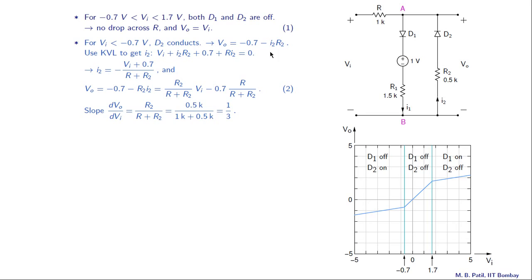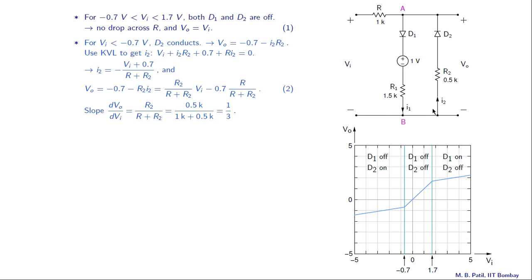Let us now find this current I2, and we will do that by writing the KVL equation for this loop here. Let us start at this point. We go down first, come across a voltage drop of Vi, so we take that as plus Vi.